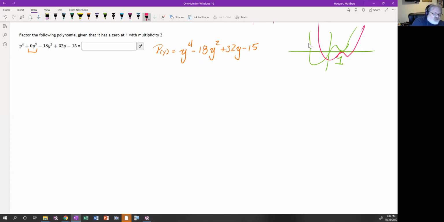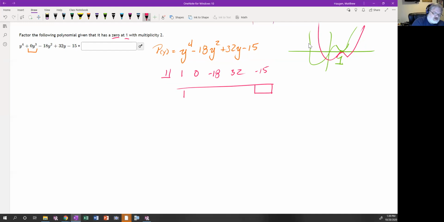But in terms of factoring the whole thing, when we do our synthetic division with our 1, our 0, our negative 18, our 32, and our negative 15, since we're told that 1 is a 0, it should work perfectly and give us a remainder of 0.